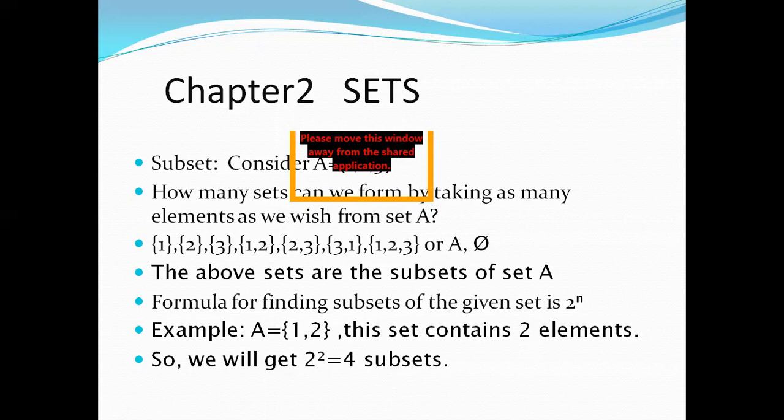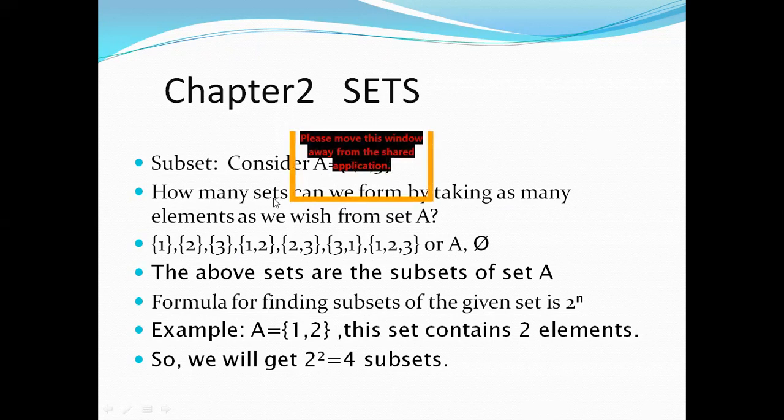Suppose when you compare two sets, set A is given as {1, 2, 3}, and another set is given as {1, 2}. Then the elements 1, 2 are present in {1, 2, 3}, so we can say that set B is a subset of set A.